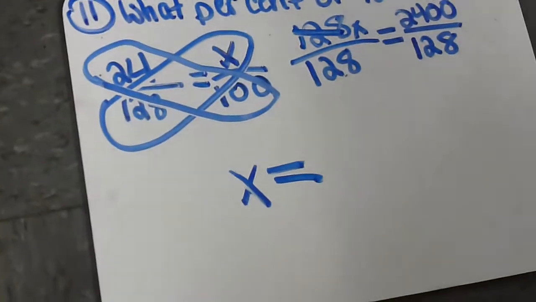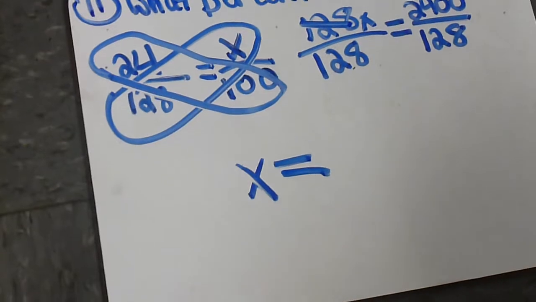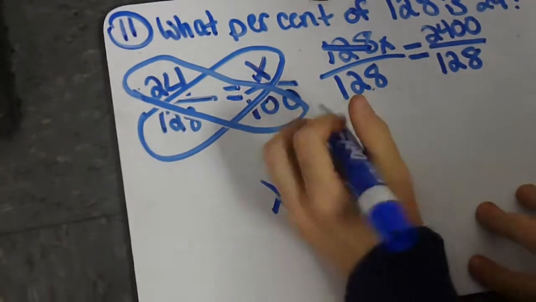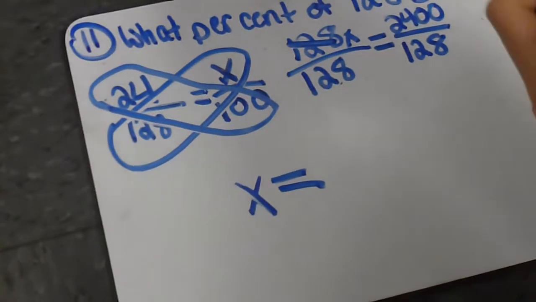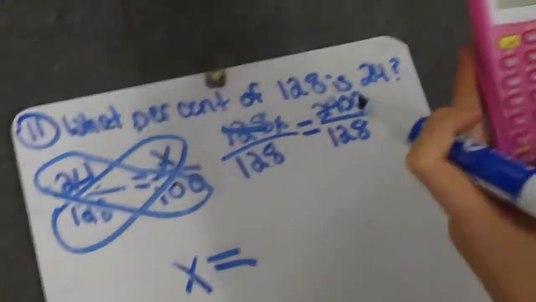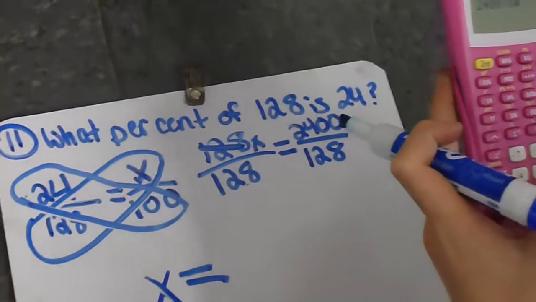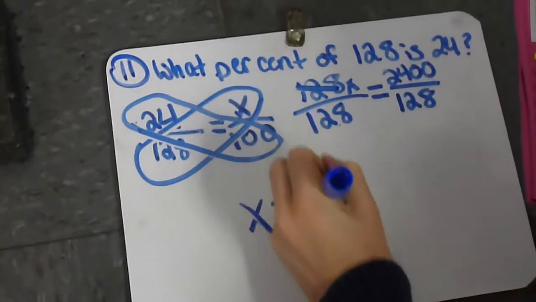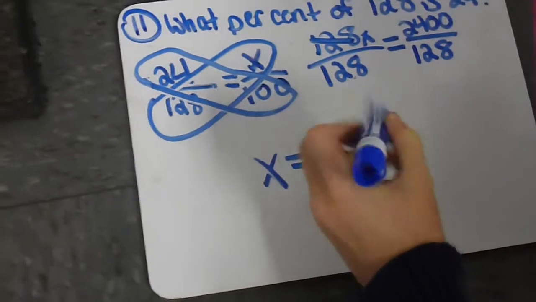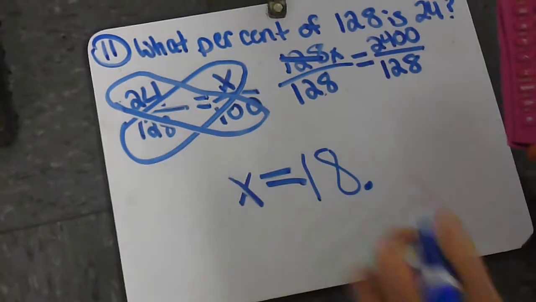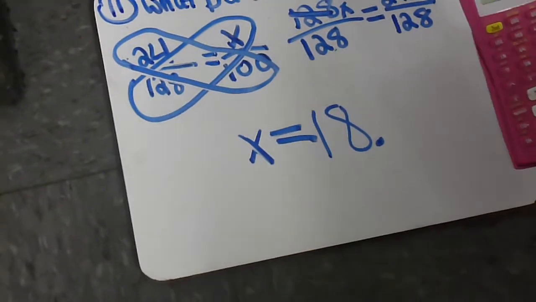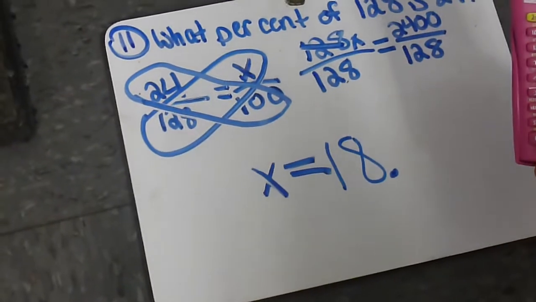And then 2,400 divided by 128 would get us 18.75, but he said for us to round to the nearest tenth, so you would round the 7 up to an 8.